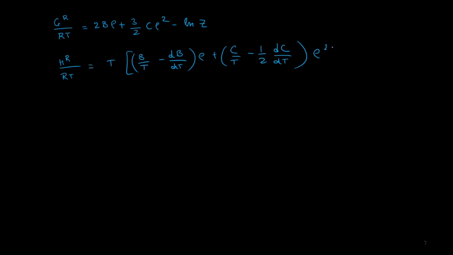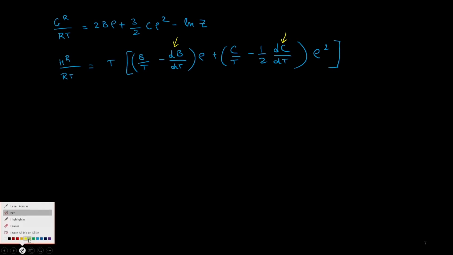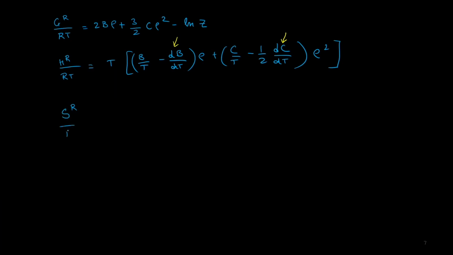Again, as earlier, both the second and third virial coefficients are going to be functions of temperature. We need that functionality so that I can get the derivatives dB over dT, as we did yesterday, and dC over dT for the third virial coefficient. And once I have both GR and HR, it's pretty easy to obtain SR over R.